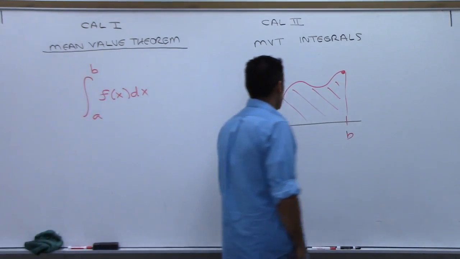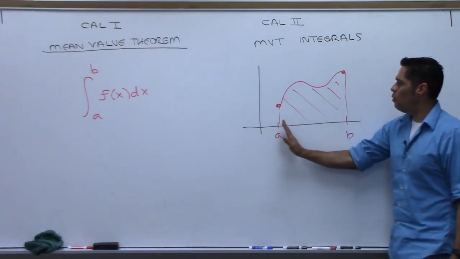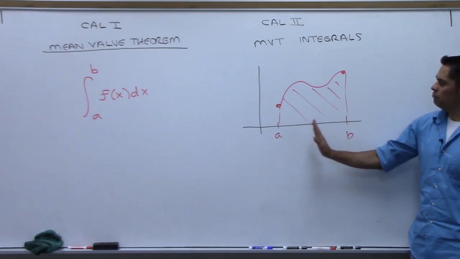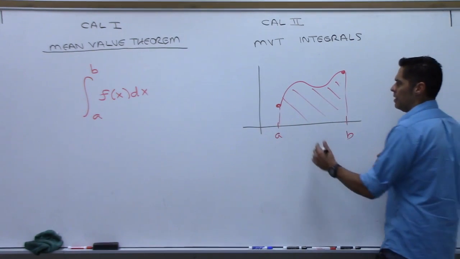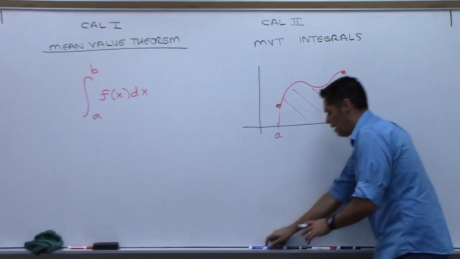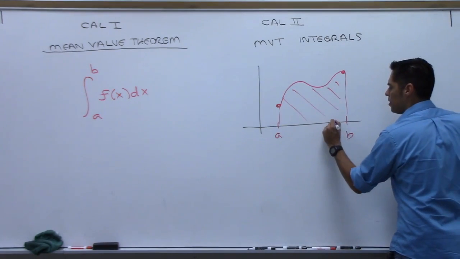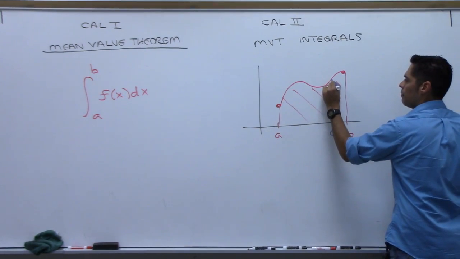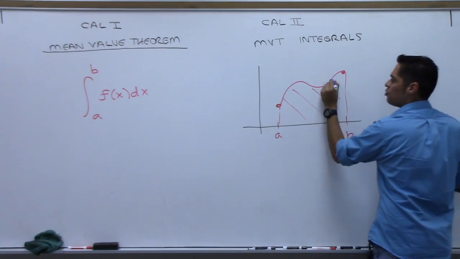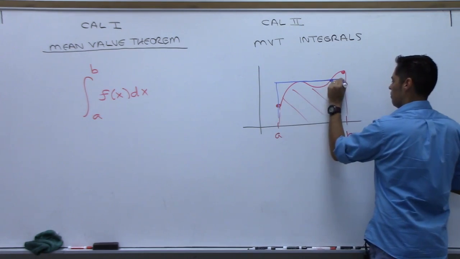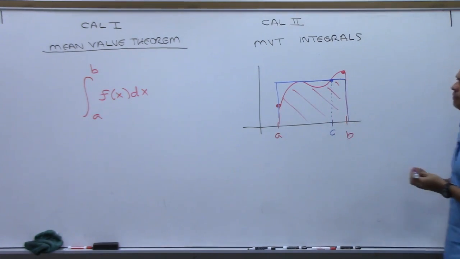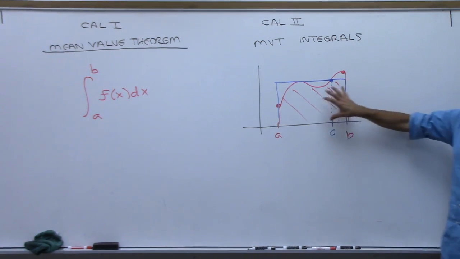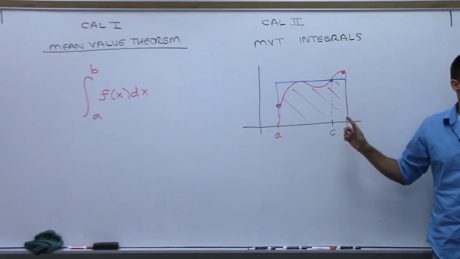The mean value theorem for integrals says that there's got to be some point inside here, and it's going to be very difficult for me to find it here, but I'll just kind of guess at it. There's got to be some value c inside that if I went up to the function and then just drew a rectangle, the area of the blue rectangle must be equal to the area of the red.